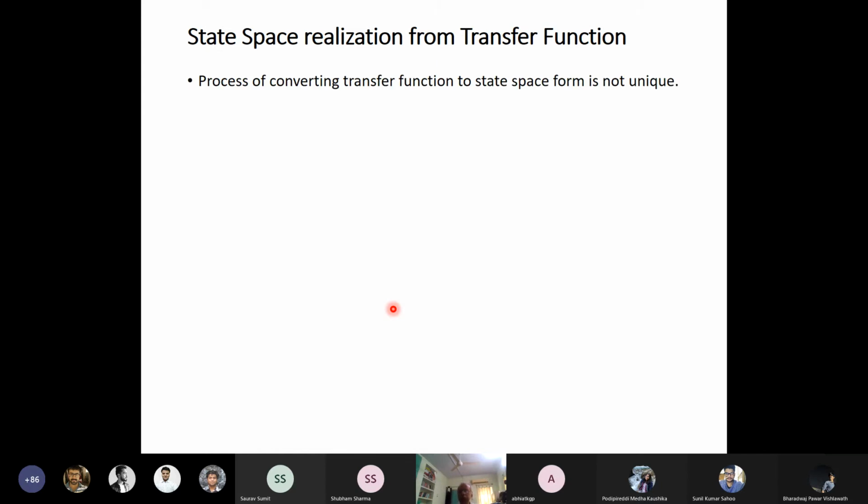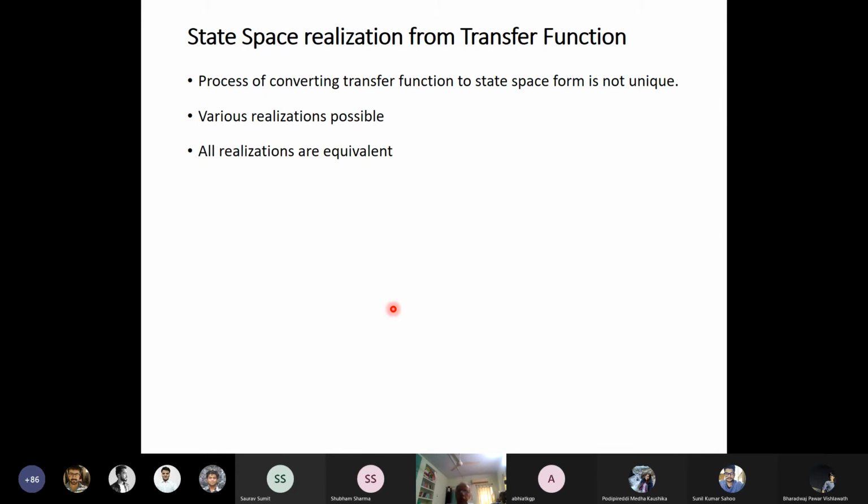Now this process of converting the transfer function to state space form is not unique. There are many ways of doing it, and many forms of state space model we can get, which means that various realizations are possible.